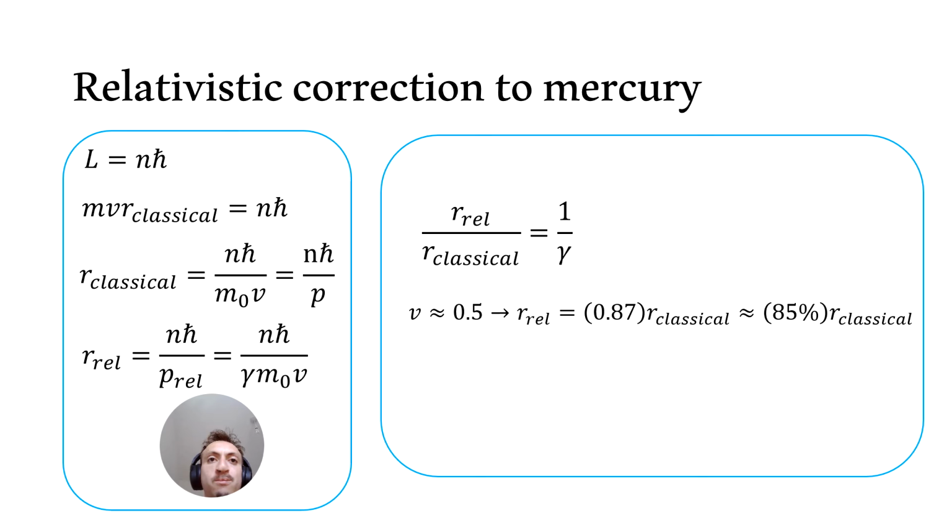If you put in that the electrons are moving at about 50% of the speed of light, you get that the radius of the first S subshell in a mercury atom is about 85% of what we would expect classically. In other words, due to relativity, the radius of the first S subshell is 15% smaller than what we would expect classically.